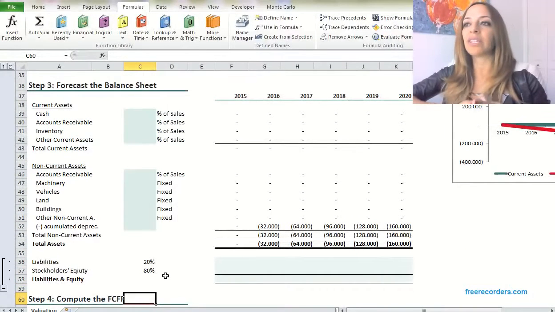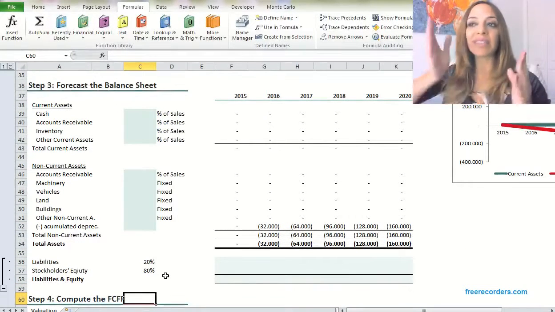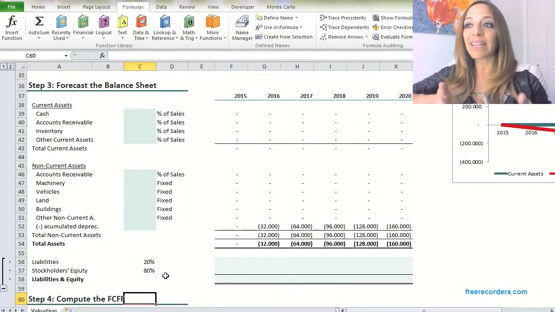Now, in the balance sheet, what we need is just a list of all the assets that the business will need. For example, inventory, cash, machinery, equipment. And that is the most important part, the left side of the balance sheet.